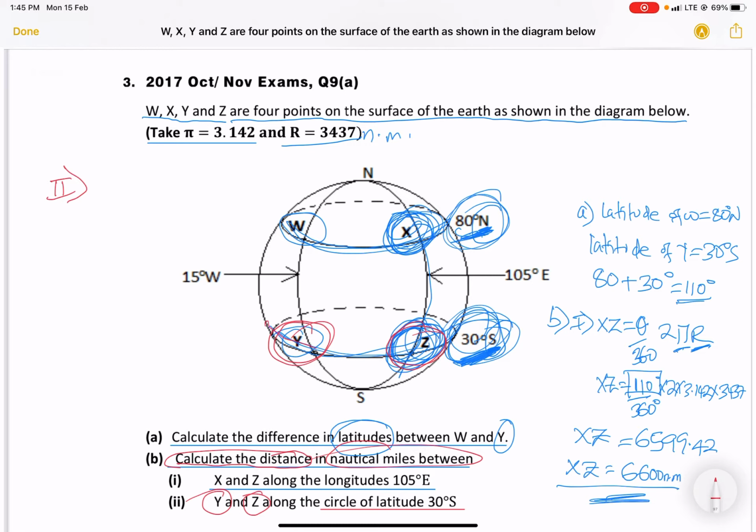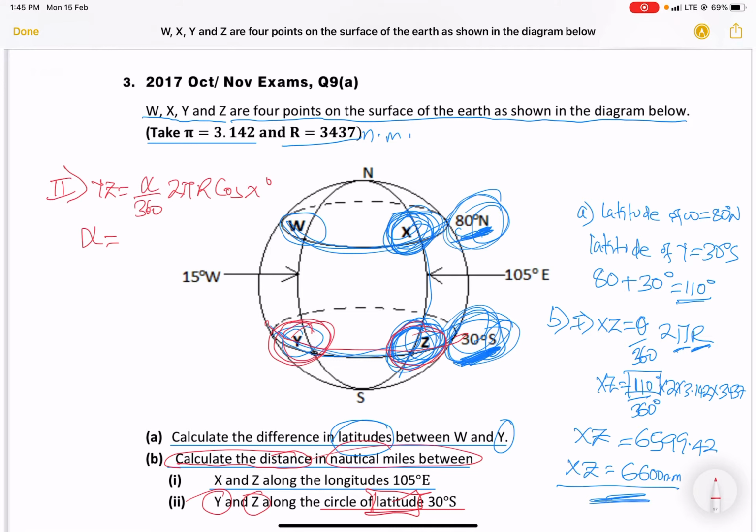So distance along the latitude, the formula is YZ is equal to alpha over 360 times 2 pi r cos x degrees. Since it is distance along the latitude, alpha is the difference in longitude.